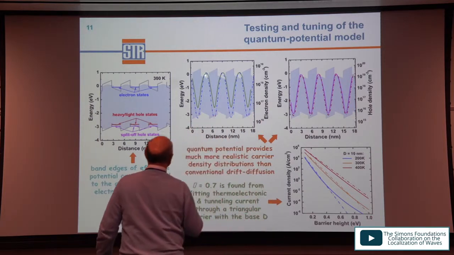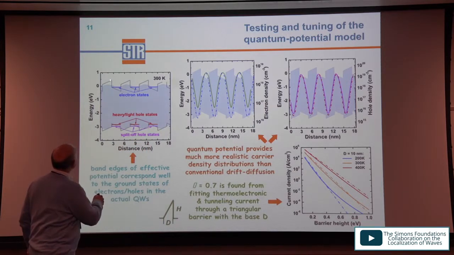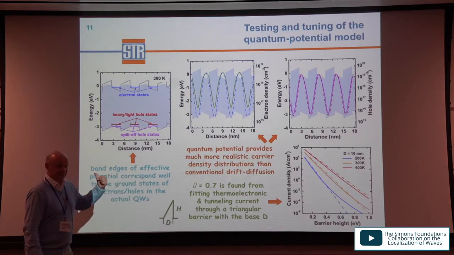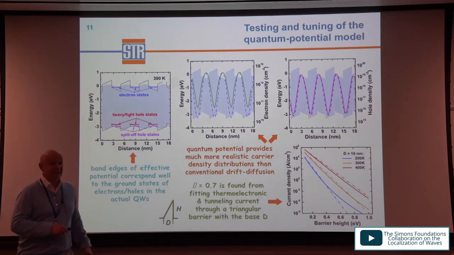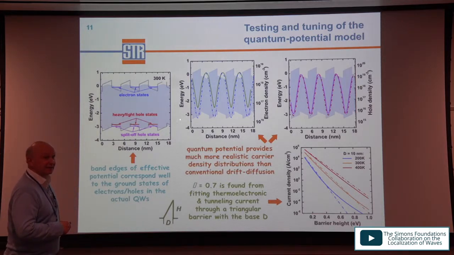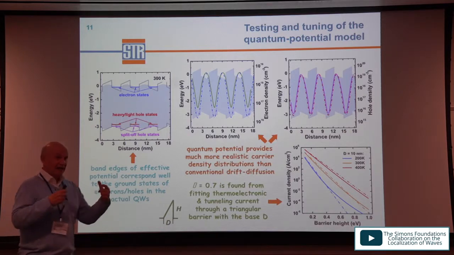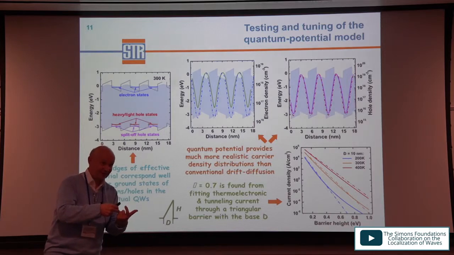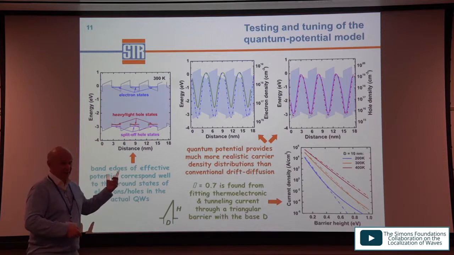What is the effective potential? Here it is. It is smooth. Which one are you showing there of your four? You had a list of effective potentials on the previous slide. Yeah, we calculate the effective potential and the carrier concentration corresponding to the effective potential. Okay, so this is just the carrier concentration.